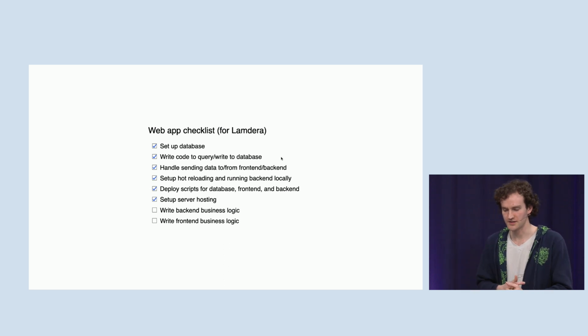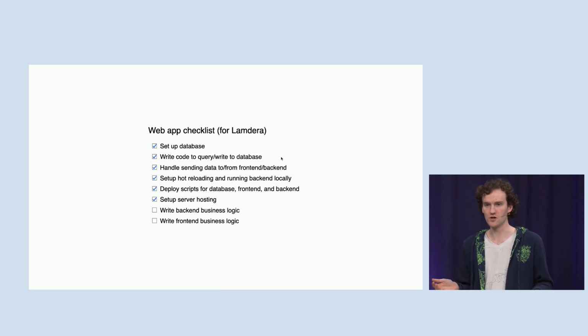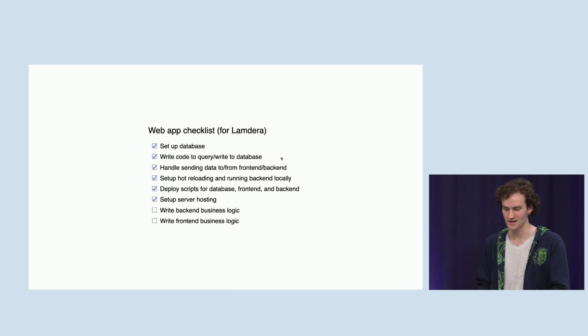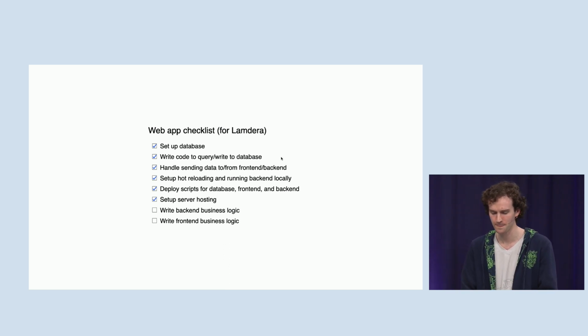How do I send data to and from? Again, implementation detail. All I need to do is call Lamdera.sendToBackend or Lamdera.sendToFrontend with an ID saying who I'm sending it to. Hot reloading, and running the environment, the backend locally.